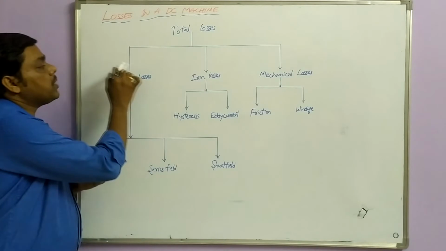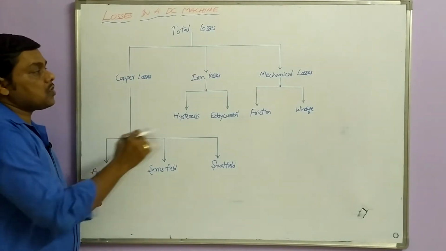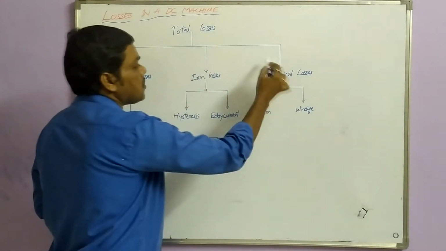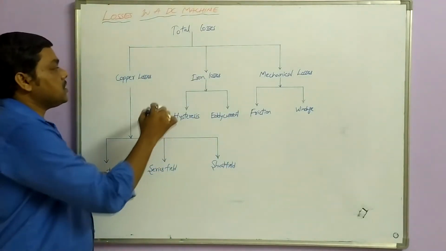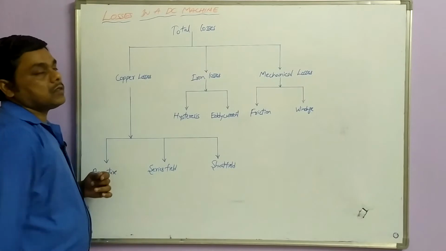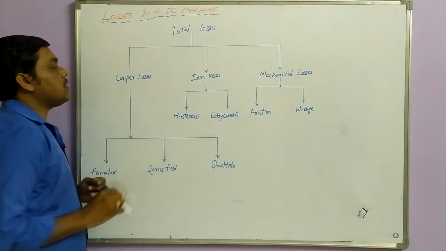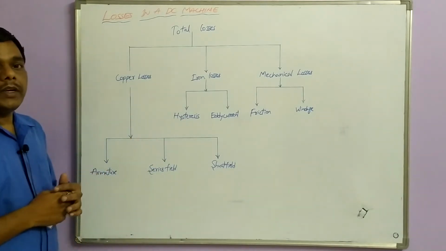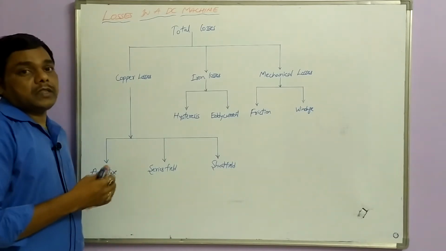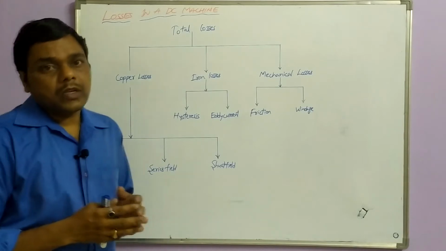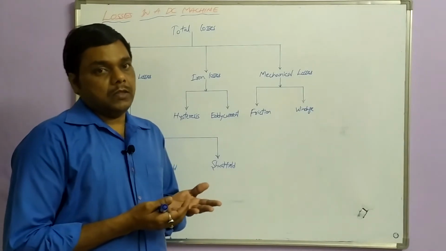Now, what is meant by copper losses? What is meant by iron losses? And what is meant by mechanical losses? So first one is copper losses. These copper losses are mainly due to the copper resistance, so it is also called ohmic losses.